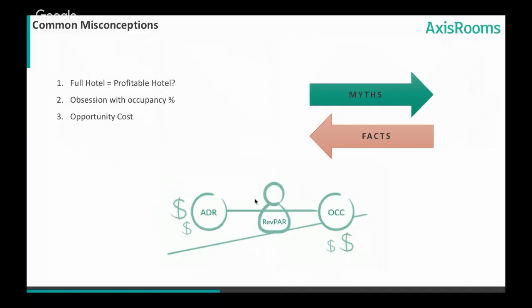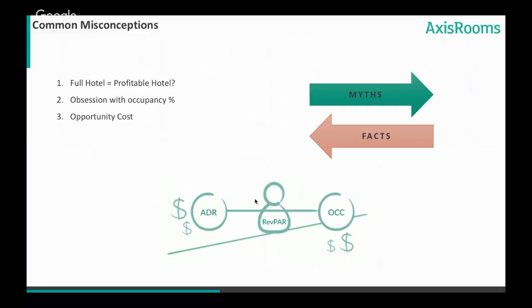You will see here in my list, I have mentioned opportunity costs. Now, it's very important for you to understand what opportunity cost actually is. Now, if I take a group booking of 50 rooms in a 50-bed hotel, then I am filling the hotel.